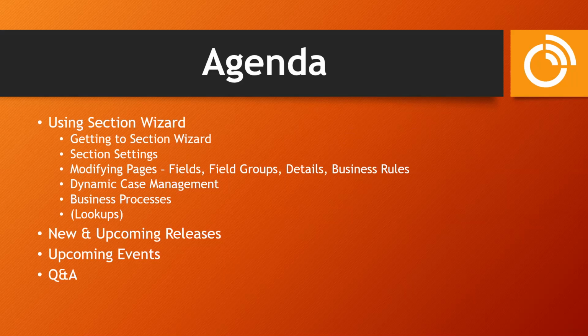We'll look at section settings, modifying pages, including fields, field groups, details, and business rules, dynamic case management, business processes, and lookups. Then we'll talk about some of the new and upcoming releases, some of the most recent changes to the product, as well as upcoming events. And then we'll open up for Q&A. Feel free to send us questions throughout the presentation, though, so we can get on those right away.